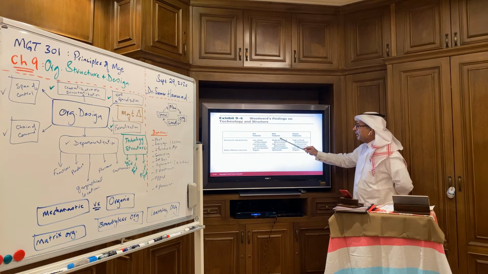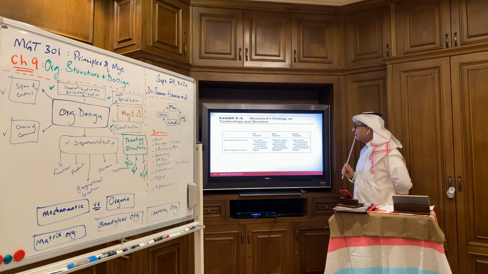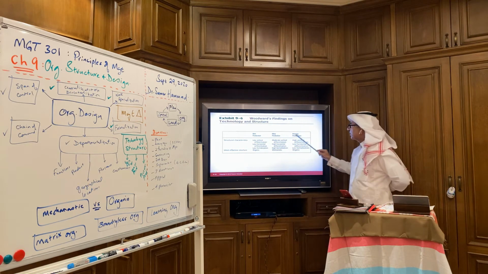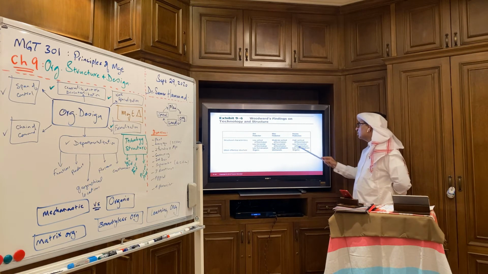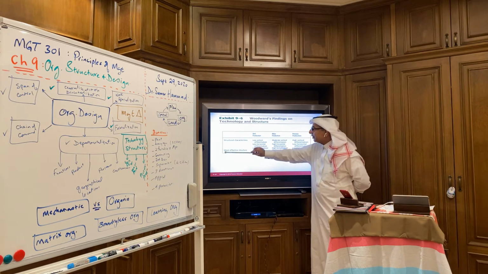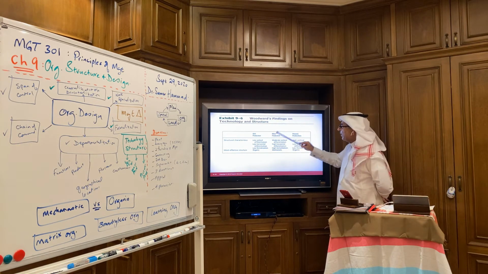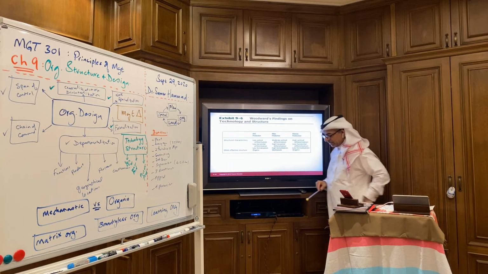For mass production: moderate vertical differentiation, high horizontal differentiation, and high formalization. In process production: high vertical differentiation, low horizontal differentiation, and low formalization. The most effective structure for unit production is organic, for mass production mechanistic, and for process production organic.